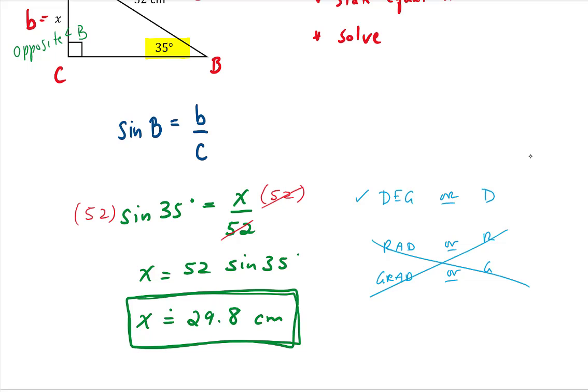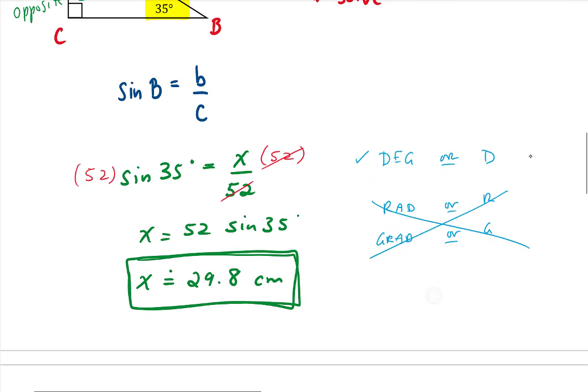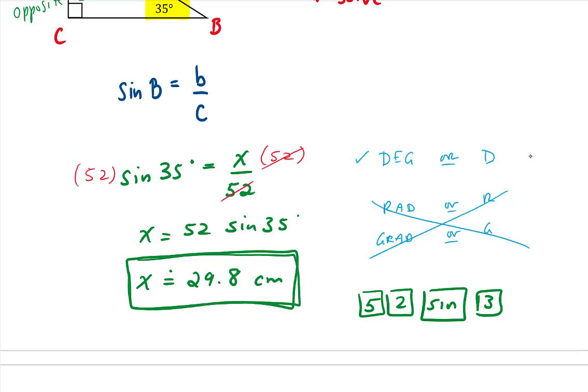If you need help, please contact me and I'll try my best to help you get it into the right mode. Second thing, depending on your calculator, if you have a display calculator, you would just type exactly what you'd see. You type in the number 5, you type in 2, find your button, that's sine or sin, the button 3, the button 5, and then you hit your equal sign or enter, depending on your calculator.